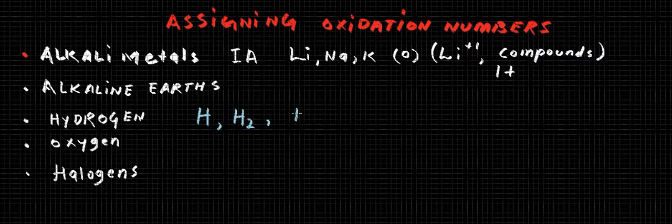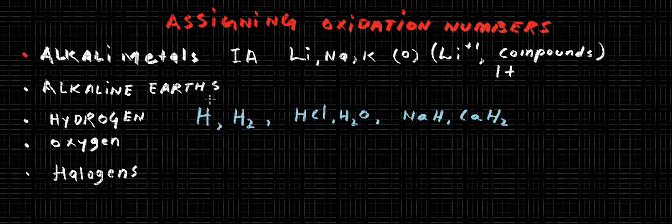In other compounds of the periodic table, like hydrochloric acid, like water, or with metals. Say for example, sodium hydride, calcium hydride, etc. So these are different forms.